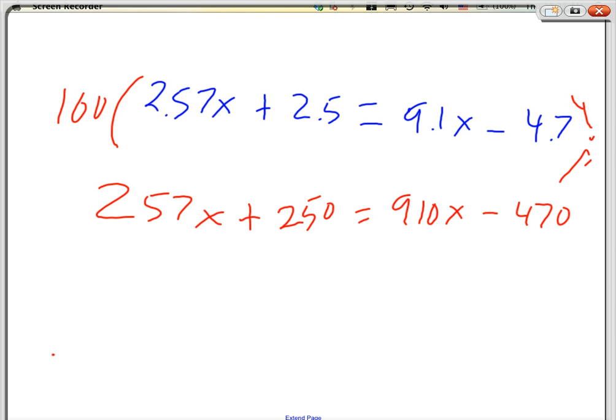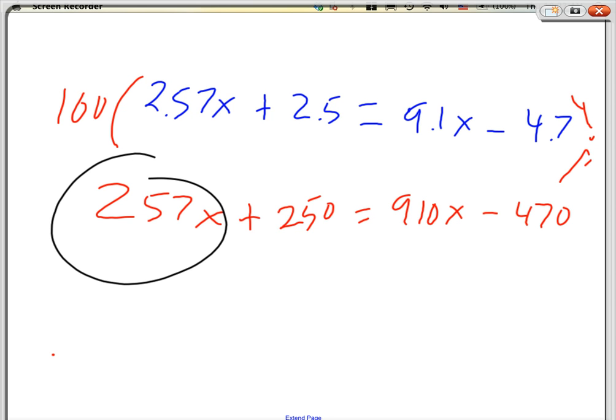All right. So we move the 257x over to the right-hand side. How do we move the variable? Notice what I said. How do I move the variable term over? Because I mentioned the word term, I move this term over, and you'll have two options: add or subtract.